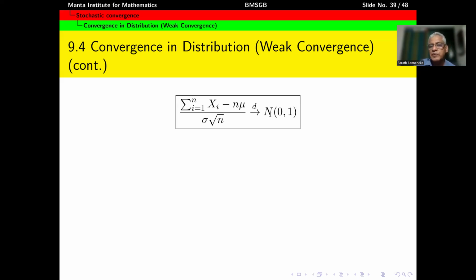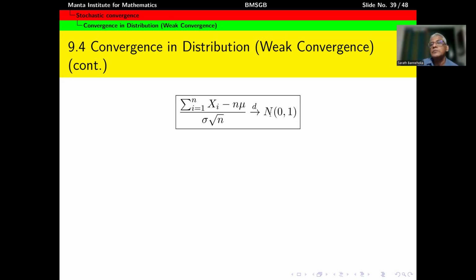Even though the theorem may be valid when n is greater than or equal to 30 for a lot of situations, there can be situations where the distribution of the standardized sample mean is very far away from the standard normal distribution, even if n is equal to 30 or even 40, even 50, right? Sometimes we may need n to be like 100 or even more for this theorem to be valid, right?